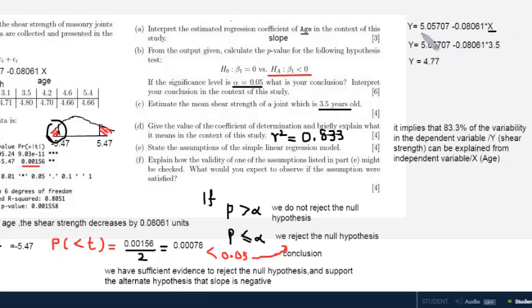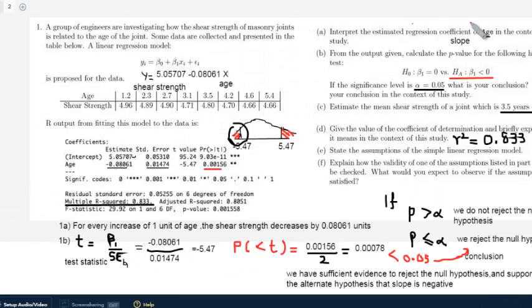So x can explain 83.3% of the variability in the shear strength y. That is the interpretation of this coefficient of determination r squared term.